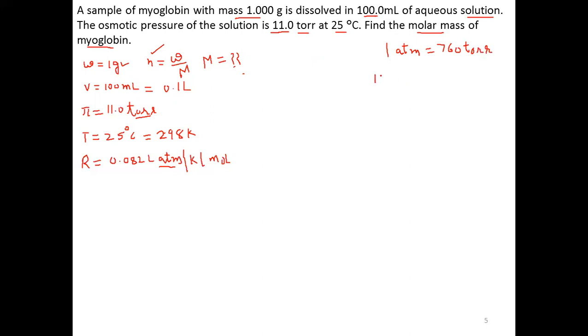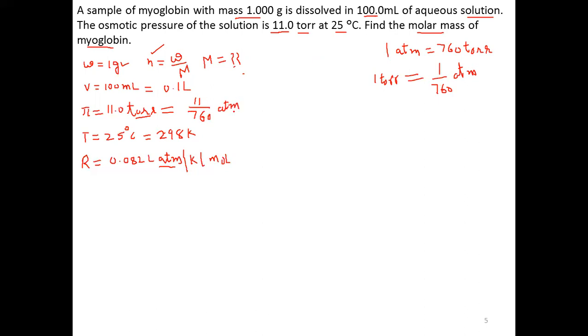It gives us 1 torr is equal to 1 by 760 atmosphere. So we have to find it for 11 torr. It is equal to 11 into 1 by 760, so it is equal to 11 by 760 atmosphere.